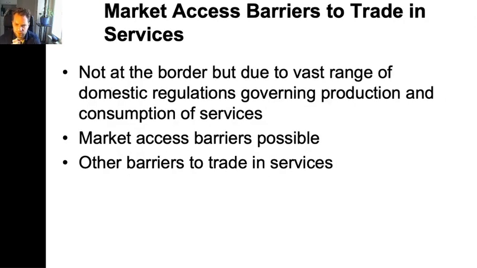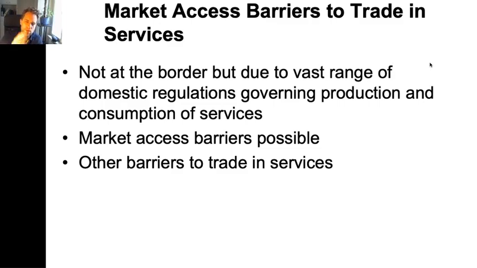In general, however, these market access barriers are not applied at the border, but by domestic regulations that govern the production and consumption of services. Secondly, market access barriers concerning all those four modes of supply are possible, and there are also other barriers to trade in services.